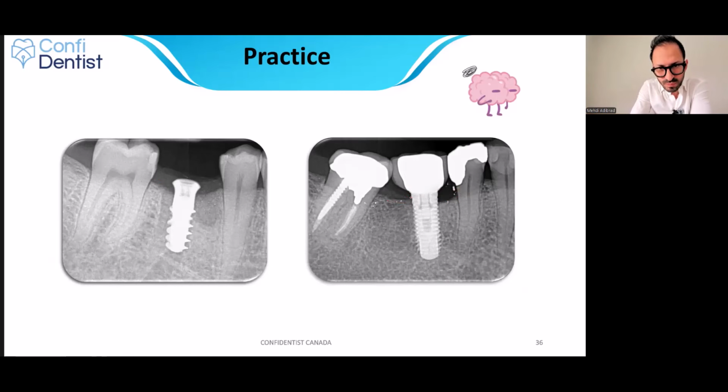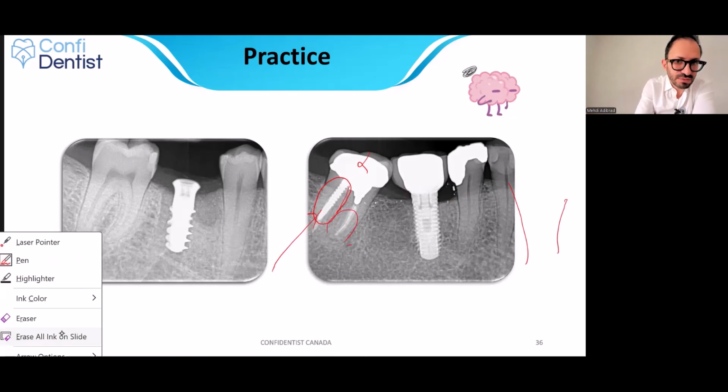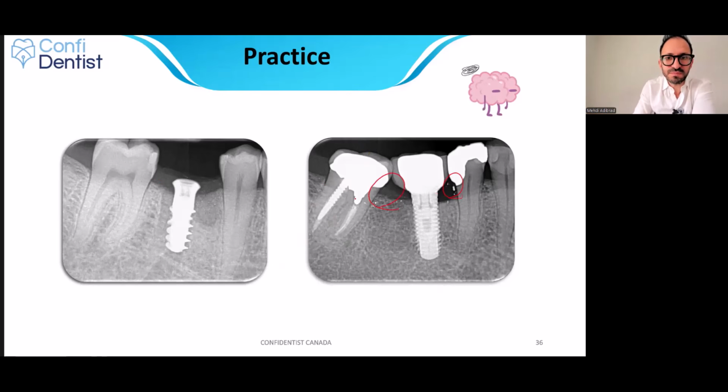Okay? Because my threads are exposed. I don't have the design of a smooth collar, so this one cannot be tissue level. You can see PFM crown, stainless steel, prefabricated post, acceptable root canal, some evidence of amalgam debris.